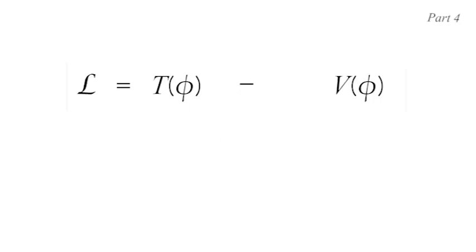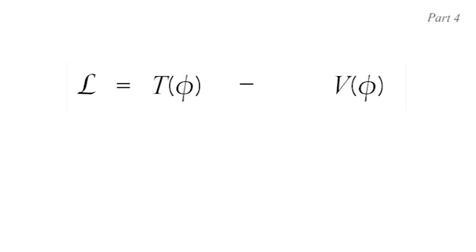Starting with a real scalar field, the Lagrangian density that we had for such a field phi was given by the difference between the kinetic and potential energy densities of the field, each of which is a function of the field. L equals T minus V, kinetic minus potential.